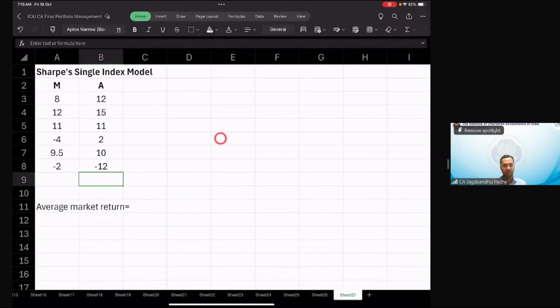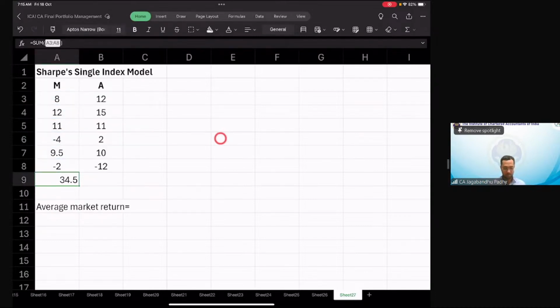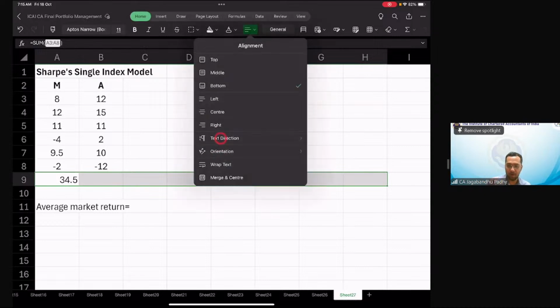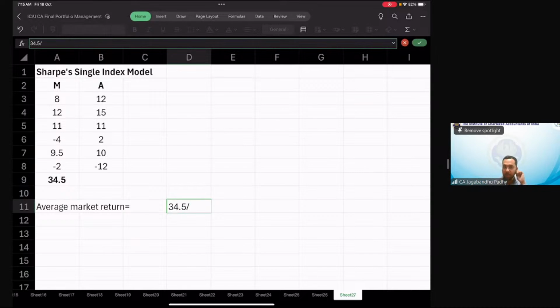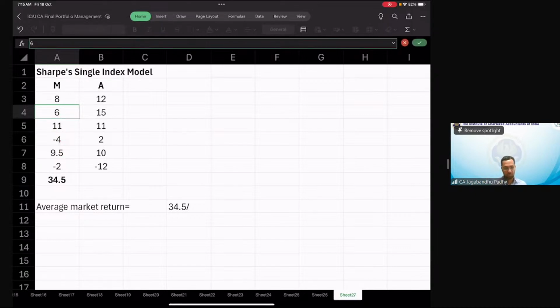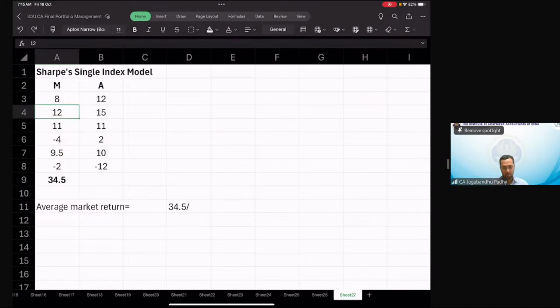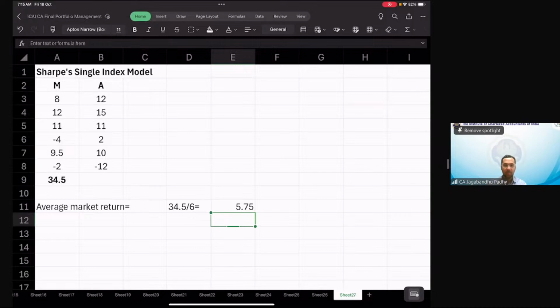Average market return will be the sum of the entire market return, 34.5, divided by the number of terms, which is 6. So 34.5 divided by 6 gives us an average market return of 5.75%.